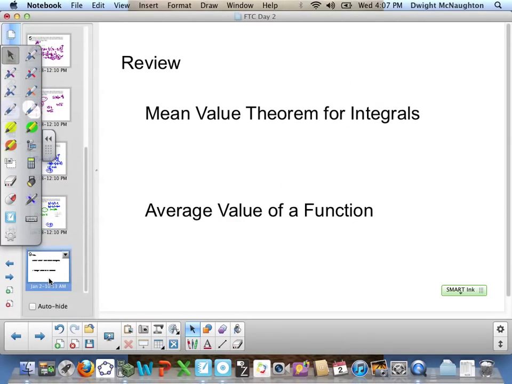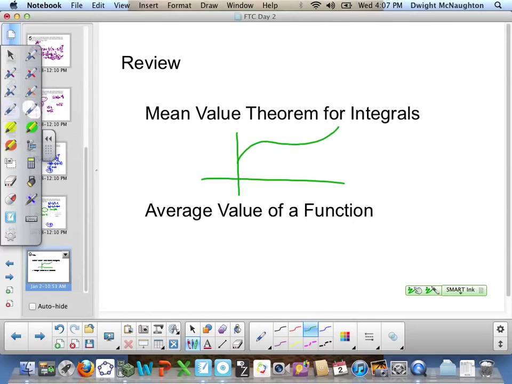the mean value theorem for integrals says that in this graph, where I'm finding the area underneath the curve, there's at least one spot where I can make a rectangle that equals the area of that curve, where this portion above and this portion below cancel each other out.